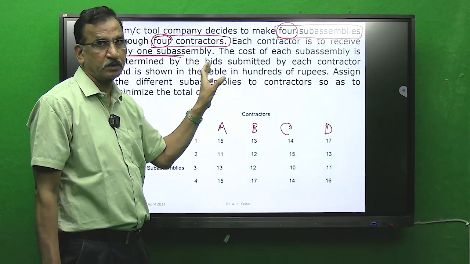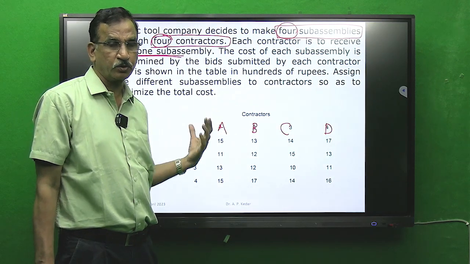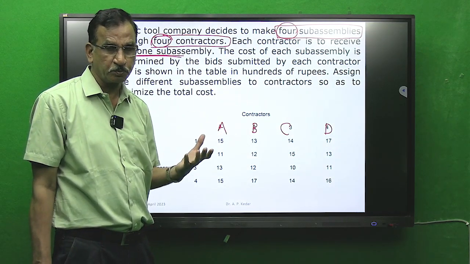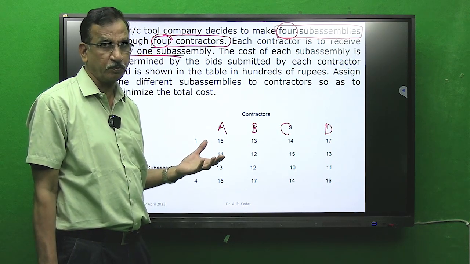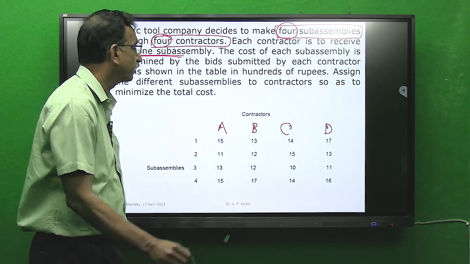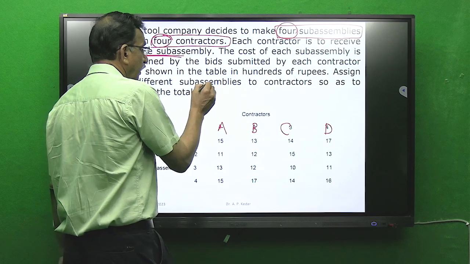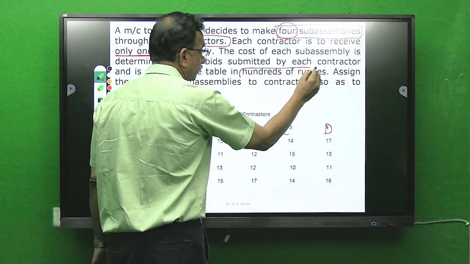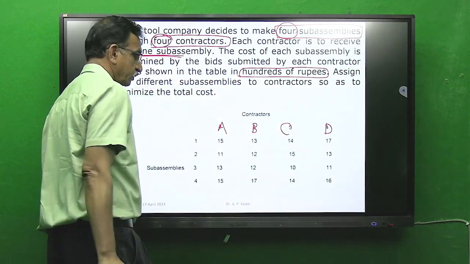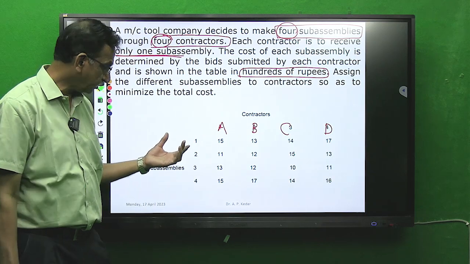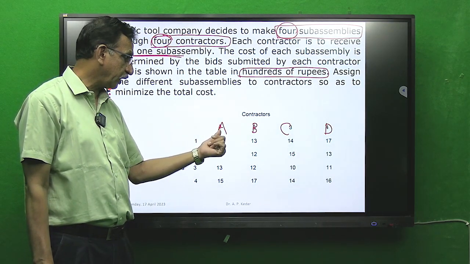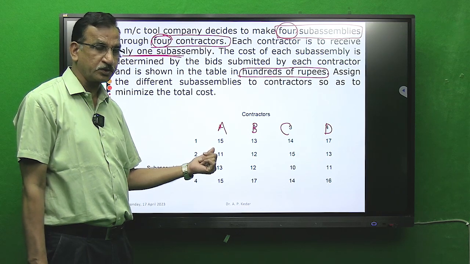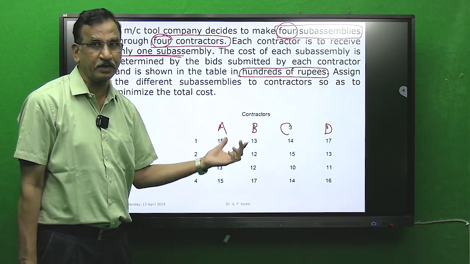Bids means tenders floated, and these contractors have responded to the quotations and submitted what their cost of performing these duties will be. It is given in hundreds of rupees. See how to read it. For sub-assembly 1, contractor A has given his quotation as 1500.